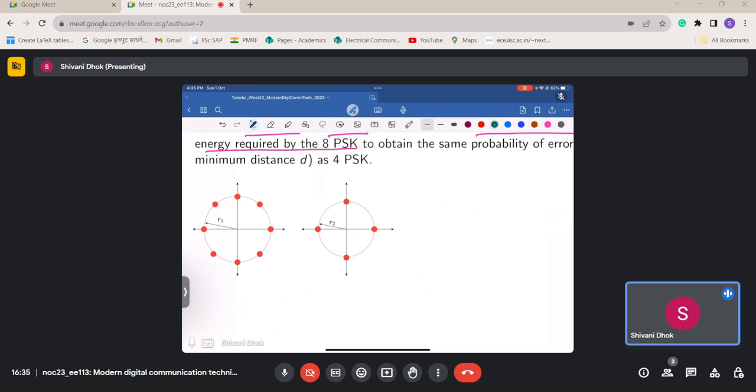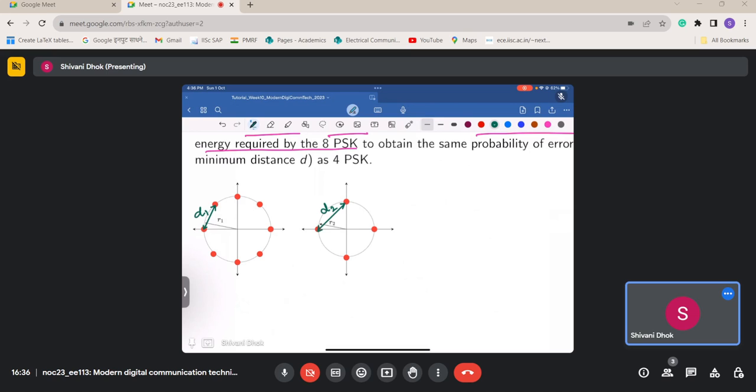So for that, the minimum Euclidean distance is basically the distance between the two adjacent points. So let's say this is D. Similarly, the Euclidean distance for this constellation will be the distance between these two points. So let's say this is D2 and this is D1.